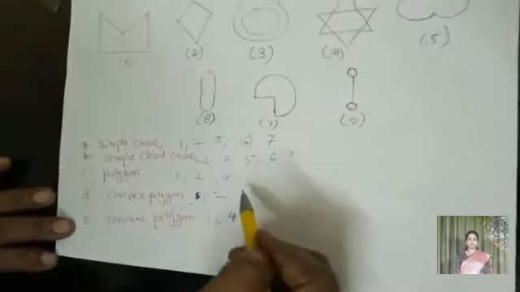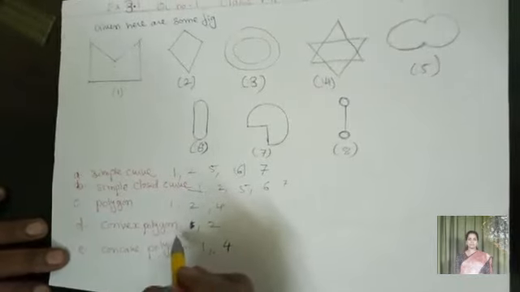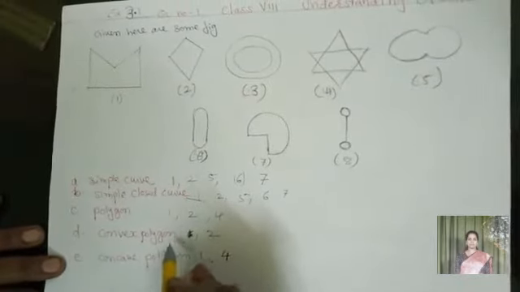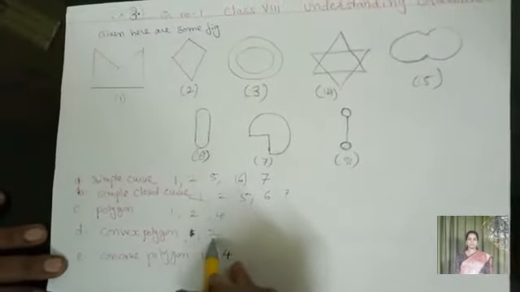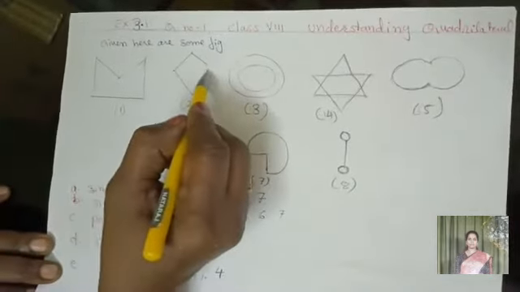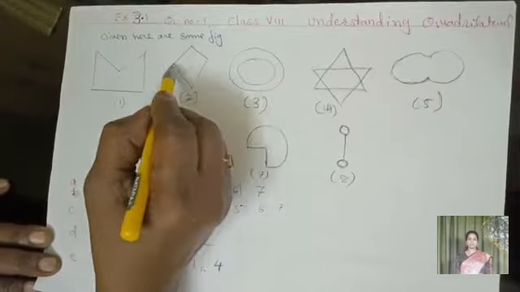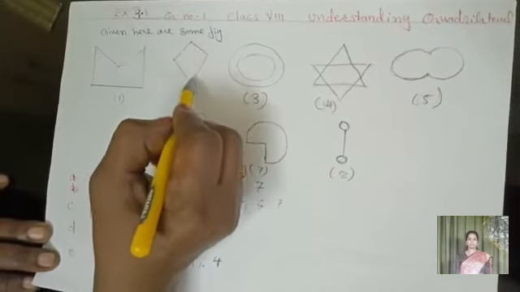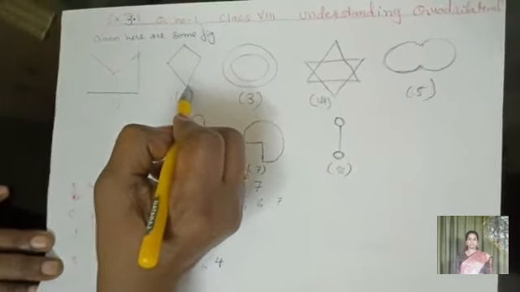Now convex polygon. Convex polygon means a polygon whose diagonals will lie inside the polygon. So here is only case second, where we can draw the diagonals which will lie inside the figure.